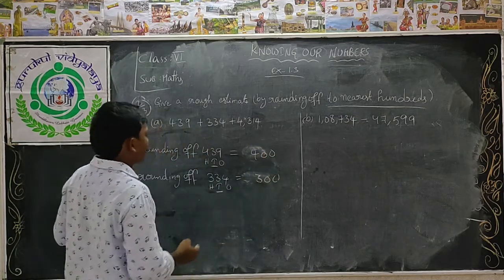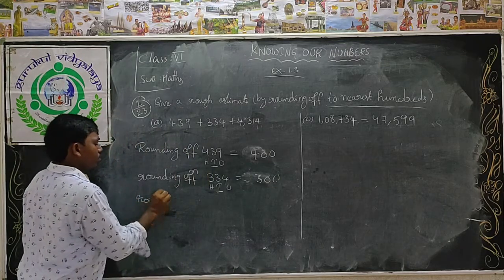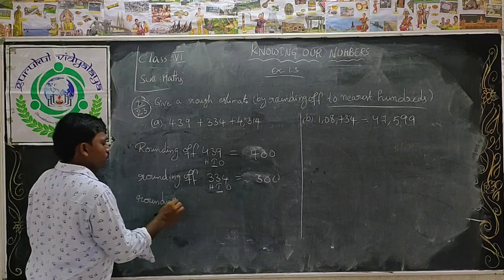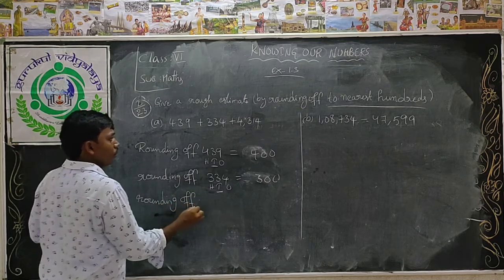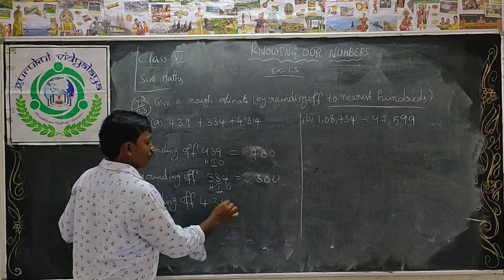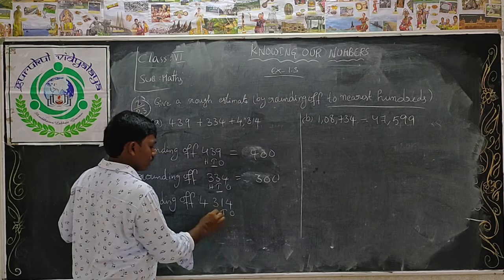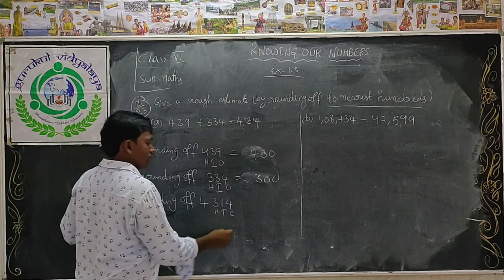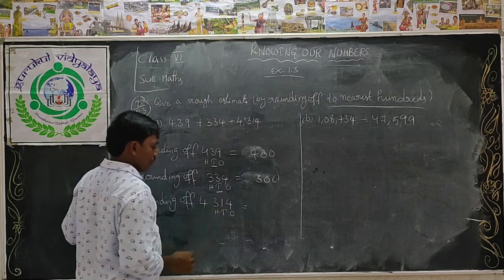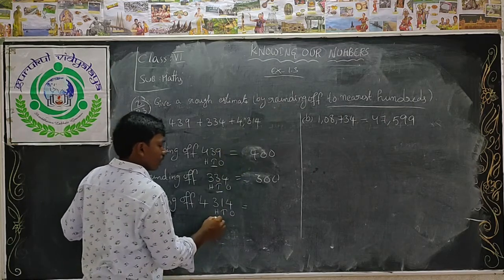Okay children, next 4,340, rounding off. Ones place, tens place, hundreds place. See the children, we want up to the hundreds place. Why? Because nearest hundreds.